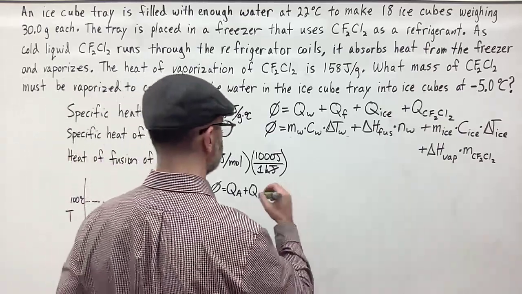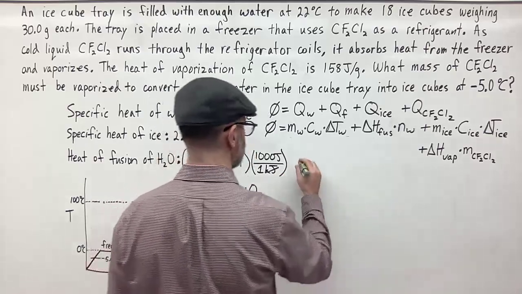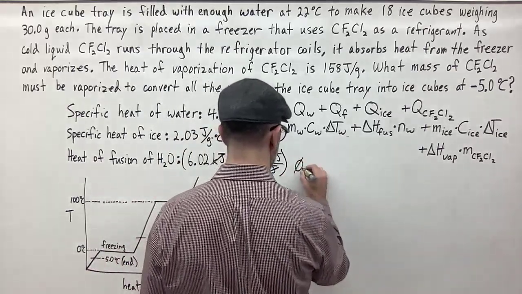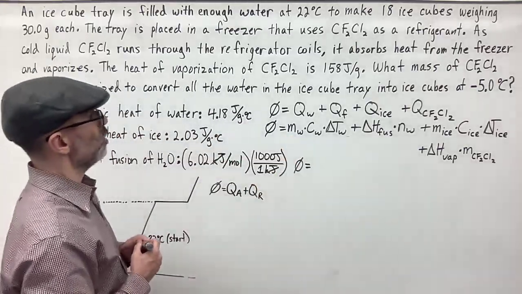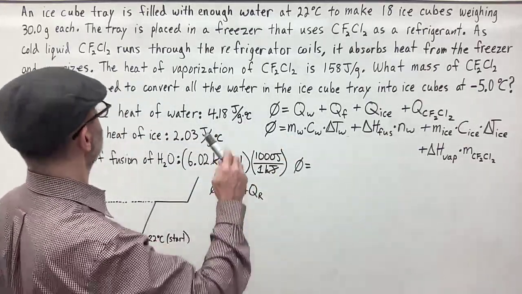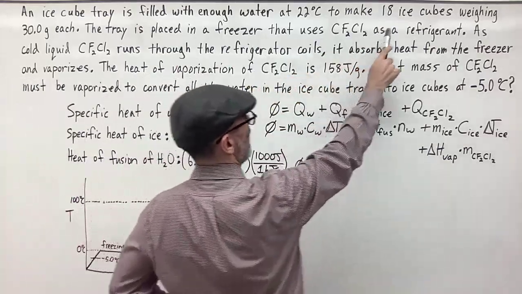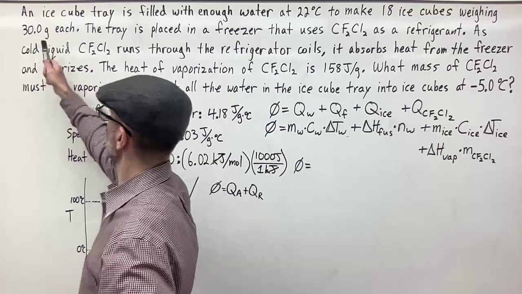Okay, so let's put in the values here. So I'm going to need to make more space. So 0 is equal to the mass of the water. Well, the mass of the water is, they say I have enough water to make 18 ice cubes at 30 grams each.